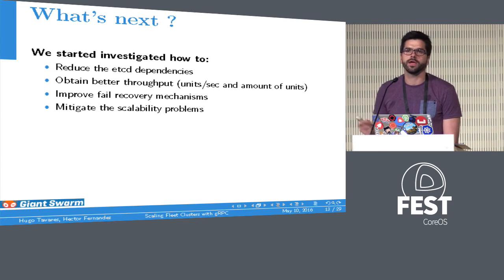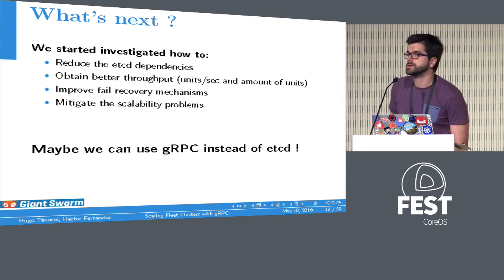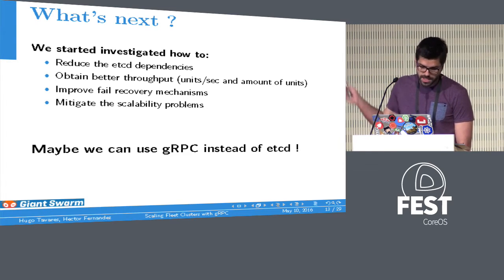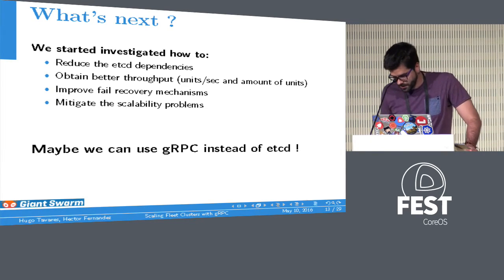But we say, okay, the gRPC framework fits, it's quite fast and might give us a quick improvement. So we started to work on that, Fleet gRPC, and of course the communication layer is now replaced, so there is no HTTP to communicate between the engine and the agents.